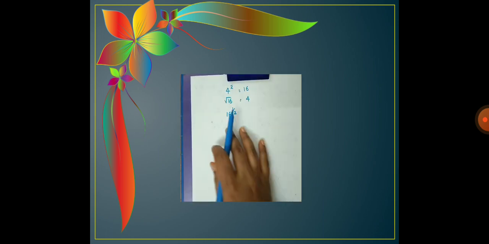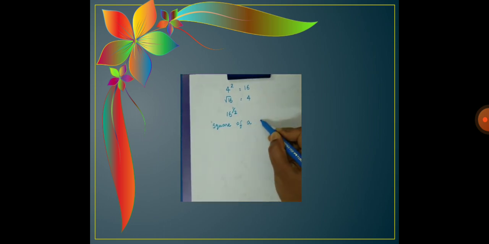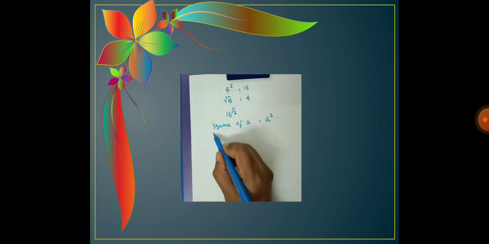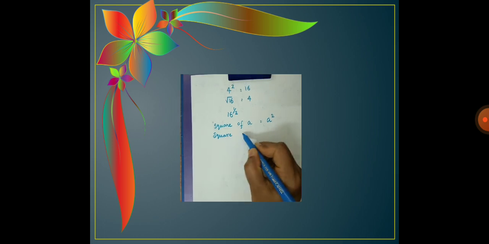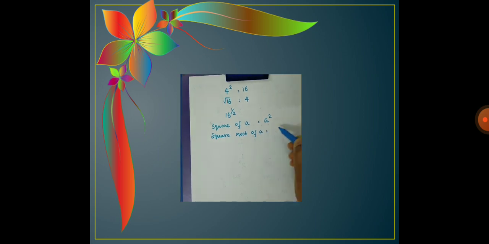Okay. Now next, we will understand the square of a. What is the square of a? It is a square, a into a. What is the square root of a?